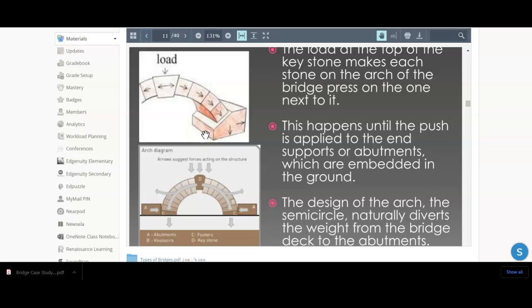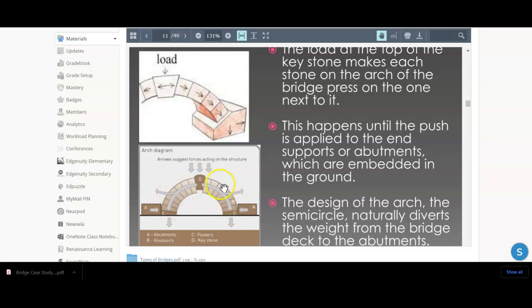The people of the Middle Ages discovered that through this arch, it can handle a much greater load than any other device out there. And one key component to making this all work is this stone right here. This is called the Keystone. That's easily removed, and once that's removed, this all comes crashing down.